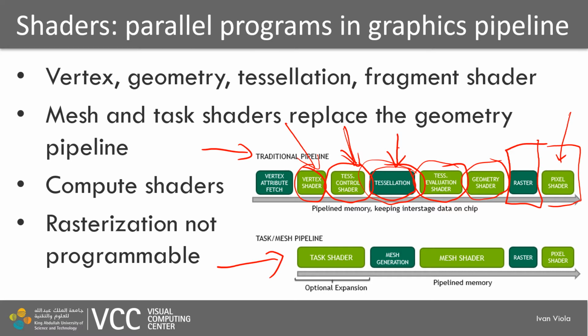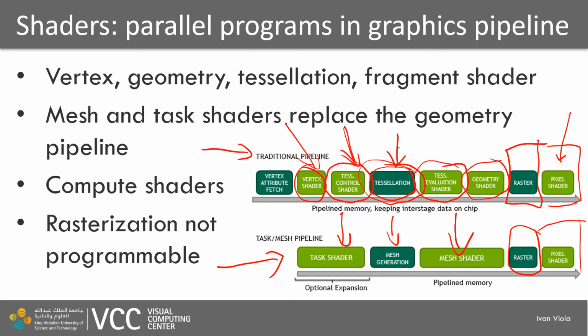The new pipeline, which is also based on rasterization, has a different type of shaders. We have here the so-called task shader part, which is the mesh generation. After the mesh is generated, we have the so-called mesh shader.